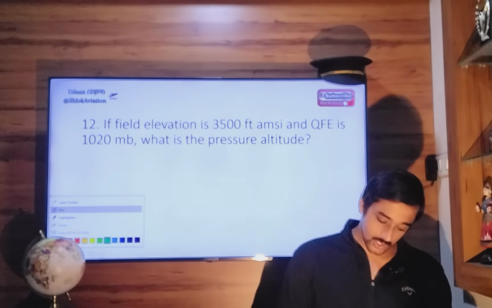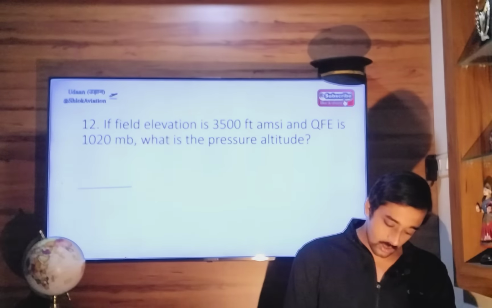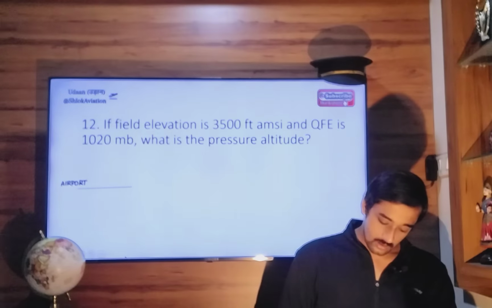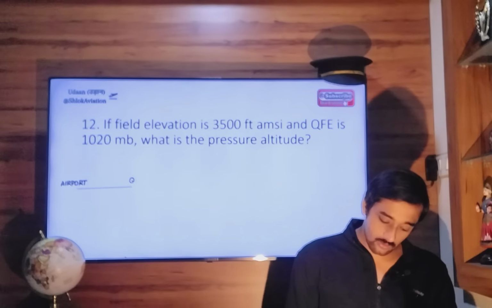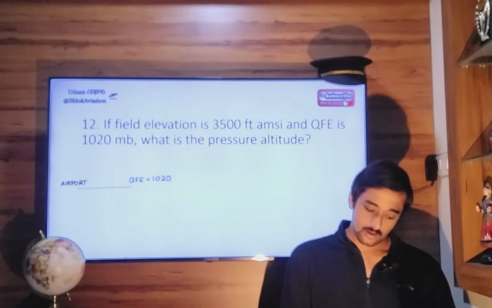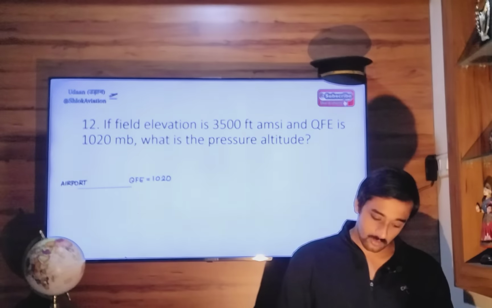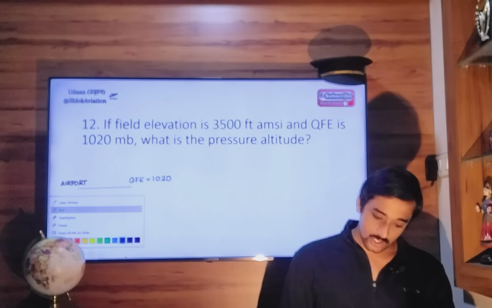So let's draw this diagram. This is your airport. QFE here is equal to 1020. Okay, elevation is always measured from mean sea level, QNH.